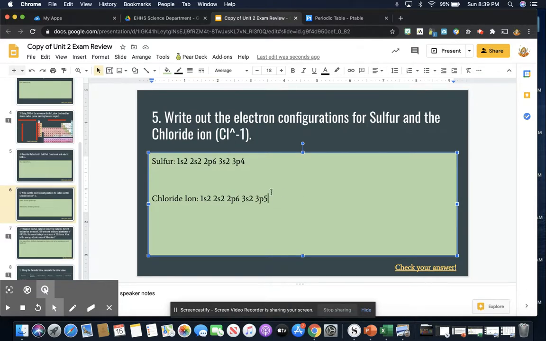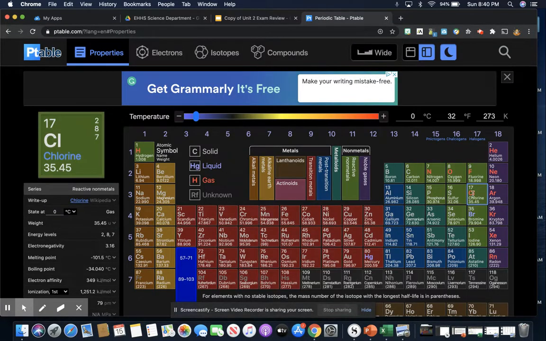So since P goes all the way up to 6, I can say I'm going to add that to this P orbital. And so instead of 3p5, I'm going to make it 3p6 to account for this chloride ion, or this electron. And you'll notice when I do that, it has the same electron configuration as argon, which is a noble gas, which is very stable.